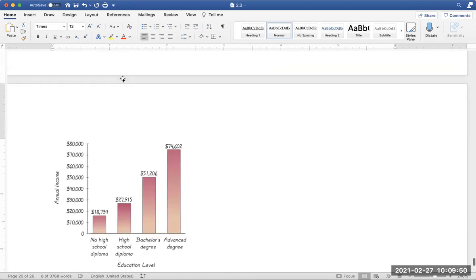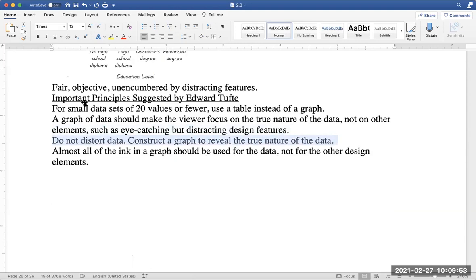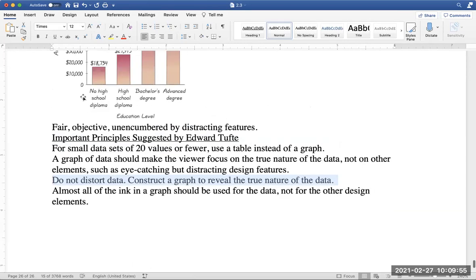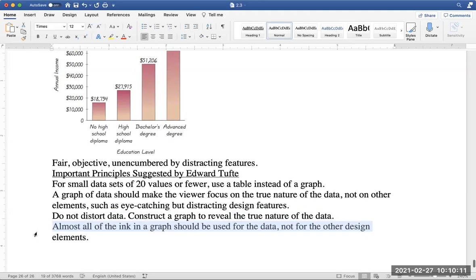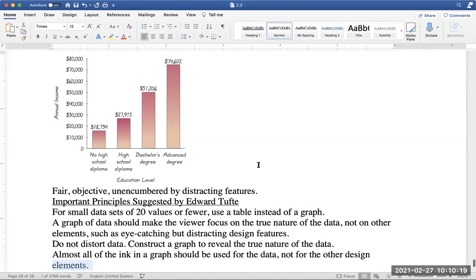Do not distort the data. So this is nice and uniform, and I have an origin here. Construct a graph to reveal the true nature of the data. Almost all the ink in a graph should be used for the data, not for other design elements. So you're really trying to illustrate what the data is, not other things.